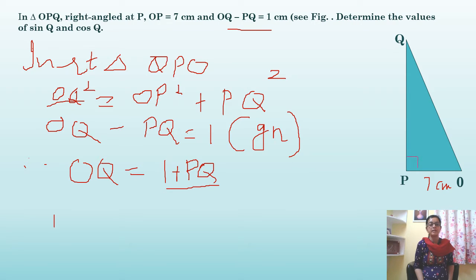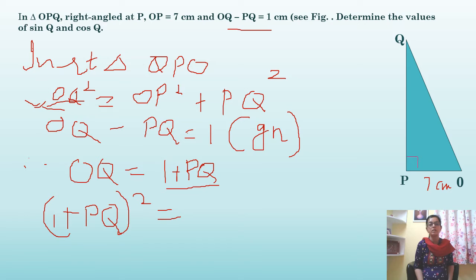So let us replace OQ with 1 plus PQ. But as you can see over here, it is squared. So let us do whole squared. 1 plus PQ whole squared is equal to, and what are we having in the RHS?